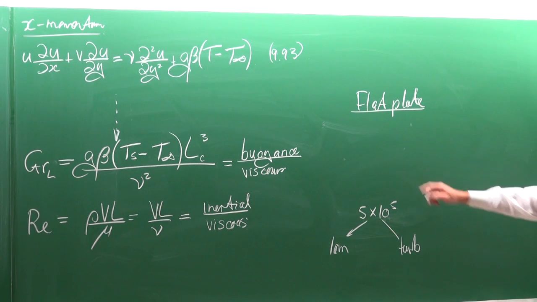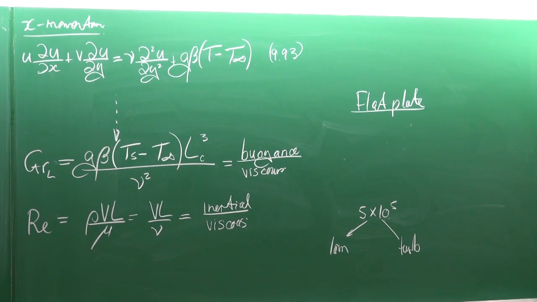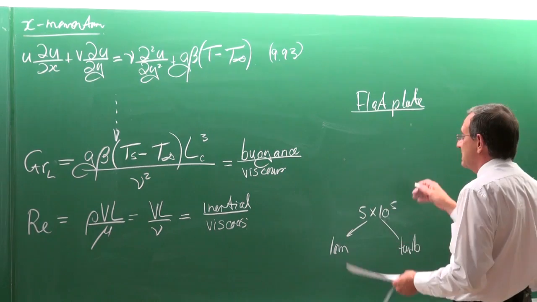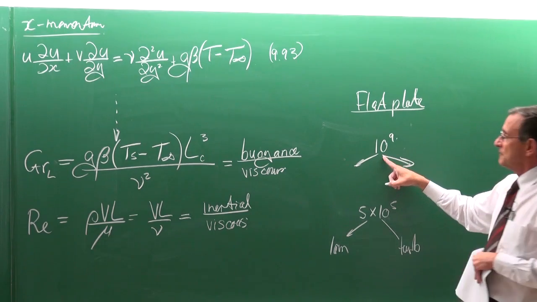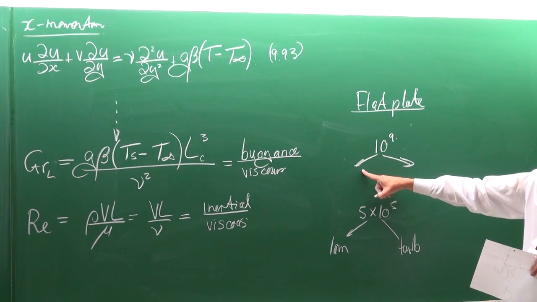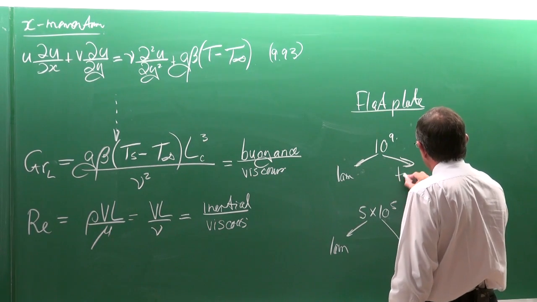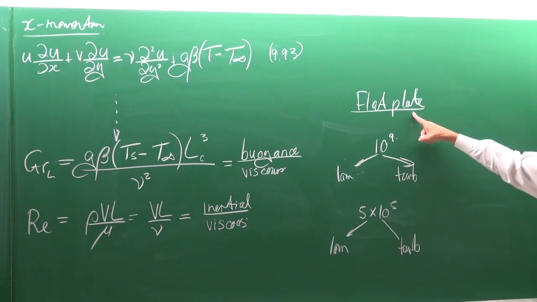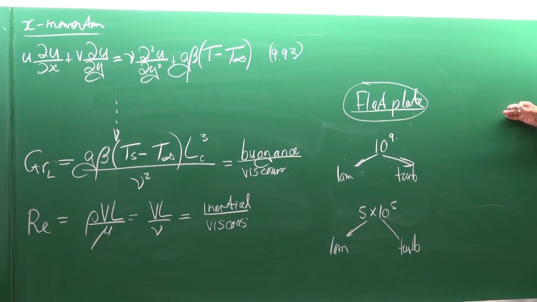Now, for natural convection, when there's no pump, when there is no fan that drives the flow around the flat plate, then it would be 10 to the 9. So if the Grashof number is smaller than 10 to the 9, the flow would be laminar. And if it's larger than 10 to the 9, then the flow would be turbulent. Take note, this is for flat plates only. If we change the geometry, it would be different values. You understand?